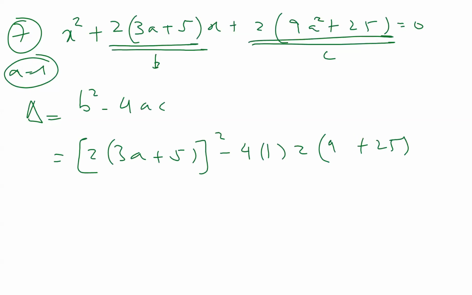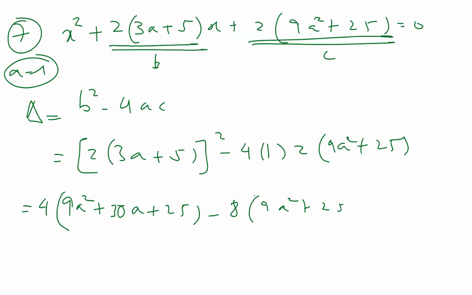9a square plus 25. So 9a square, 30a plus 25, minus 8, 9a square plus 25.